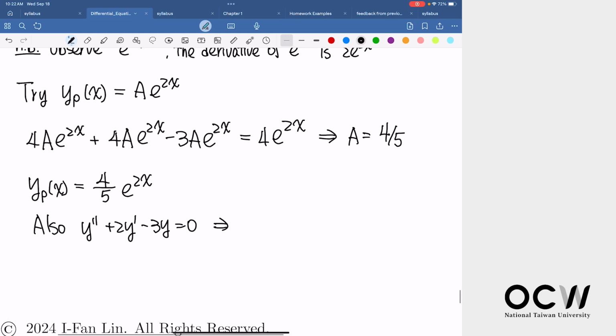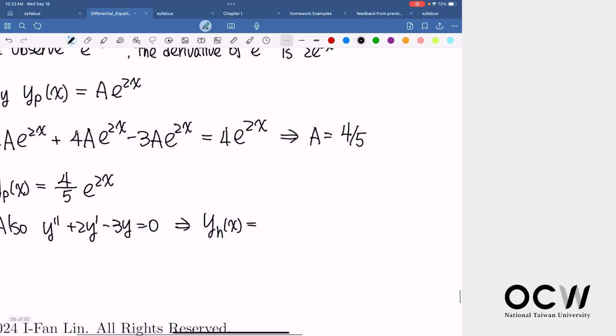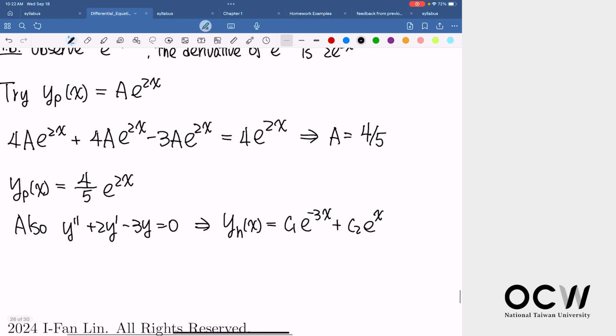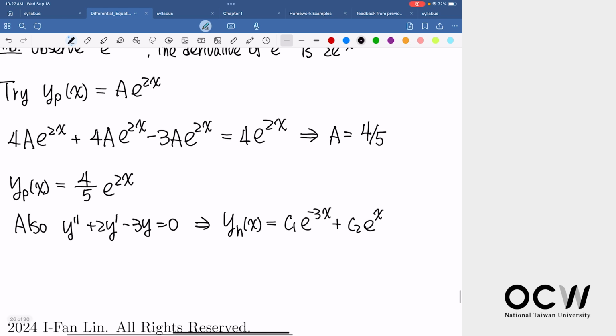Then you get the homogeneous solution C1 e to the minus 3x and C2 times e to the x, since the roots of the characteristic equation are two distinct real roots.